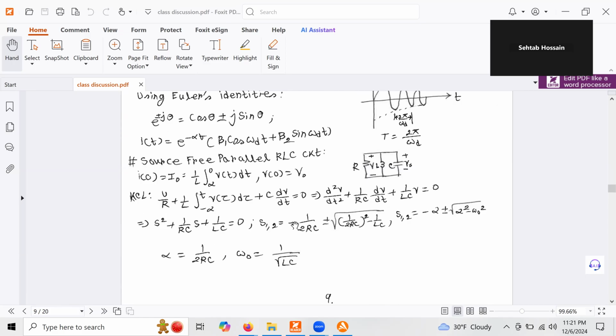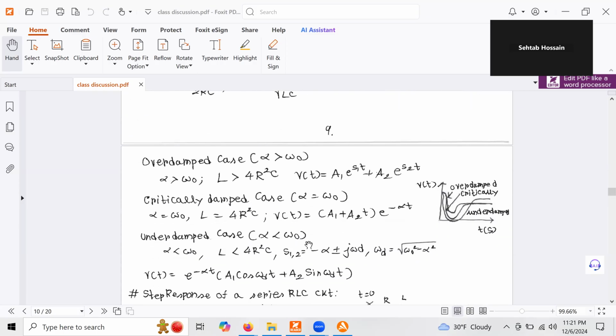For the two roots s1 and s2, it will be just like this. So they are conjugate of each other. For the case of parallel, alpha will be 1 over 2 times R times C, and omega 0 will be the same for parallel and series RLC circuits.